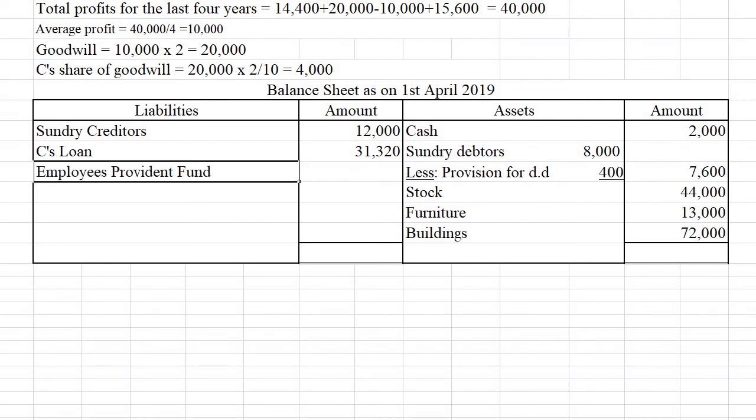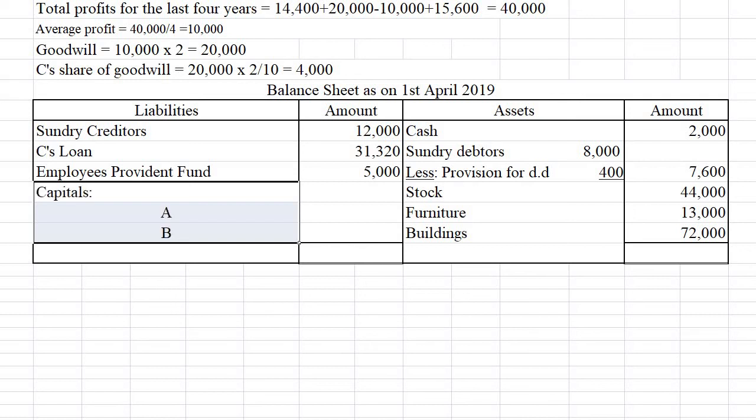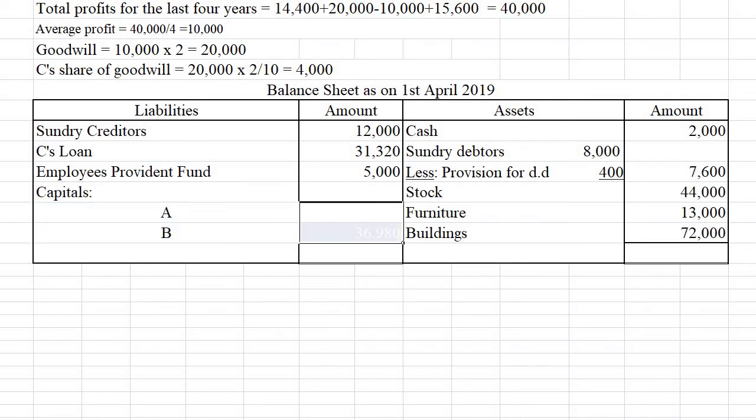It was an outside liability, so we cannot share that among the partners. So it should be shown as it is. Then capital account balance of the remaining two partners are written, A and B. That is shown here, 53,300 and 36,980. Now let us see the total of balance sheet, 1,38,600 for both the sides.